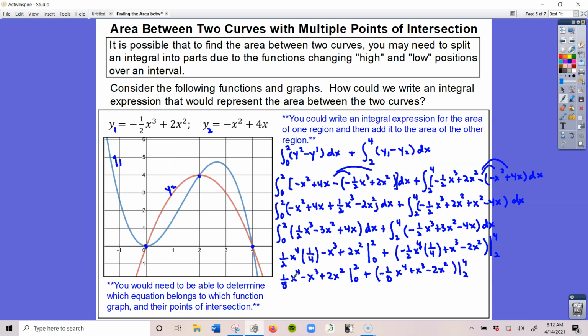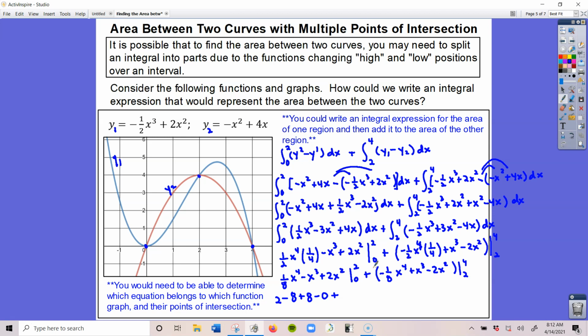So when I plug in the 2, 2 to the fourth is 16, and 16 divided by 8 is 2, minus 2 to the third is 8, plus 2 squared, which is 4, times 2 is 8. Now if I plug in 0, everything would end up being 0, so minus 0, plus, now we're going to come over here.